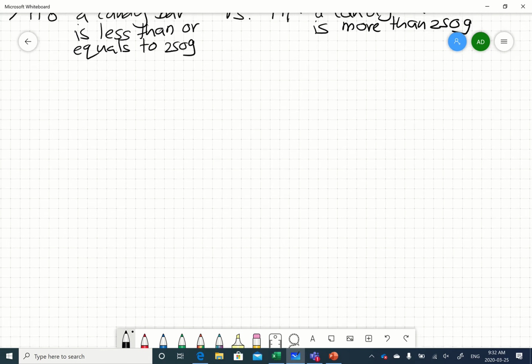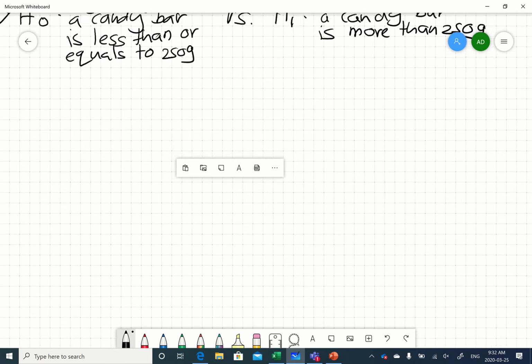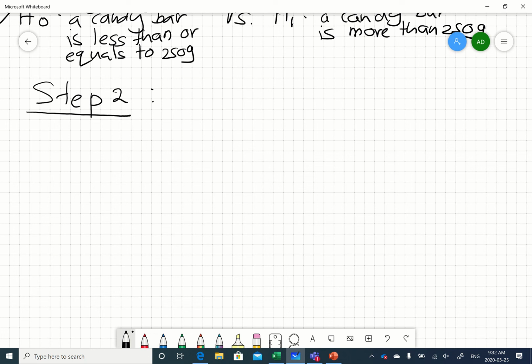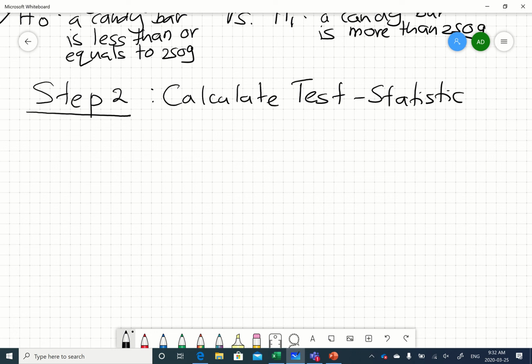And then step 2 is to calculate a value called the test statistic. So this value will be calculated using MegaStat. And again, if you're running a hypothesis test for population mean, you have to make that selection, a z versus t value.